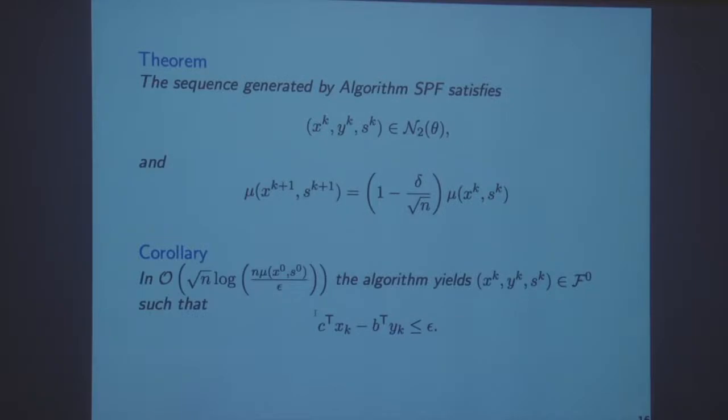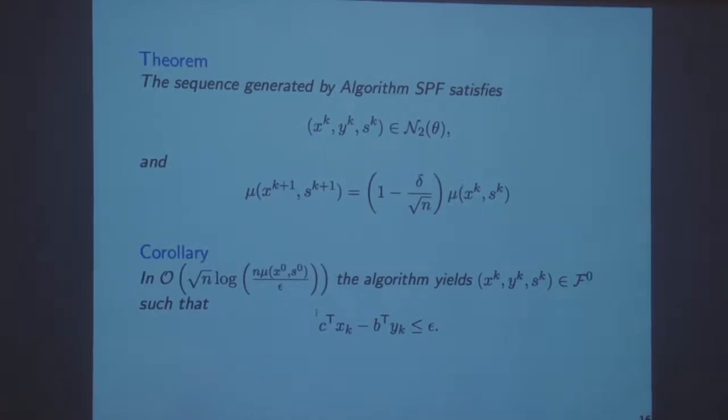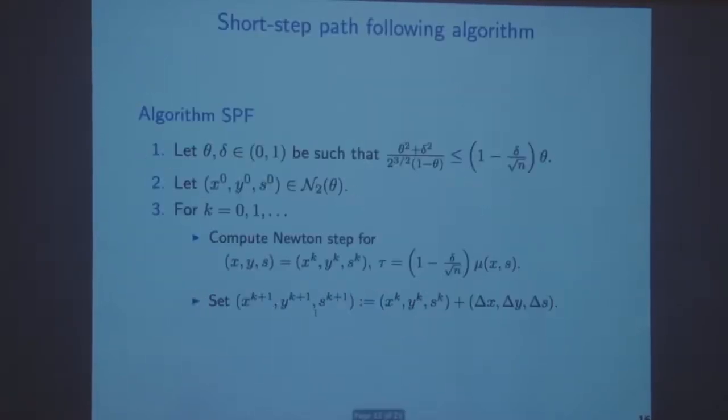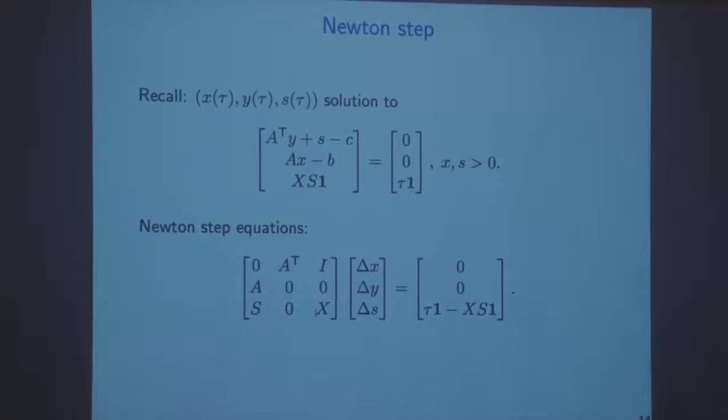Okay? So let me tell you a couple of things about how this follows. I will not give you the full proof because the proof has some technicalities that I'm not going to have time to get into. I would love to, but we don't have enough time for that. But I do want to give you some idea of how the proof goes. Here is the Newton step.